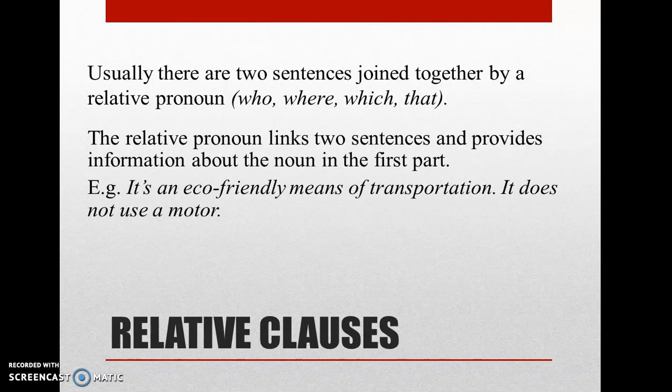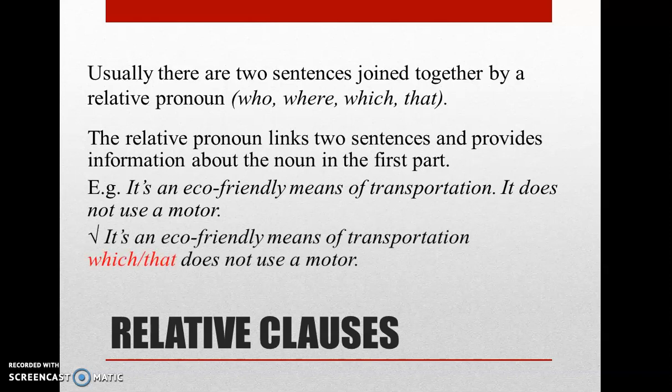If you were thinking about this, you were totally right, my dear friend. So it's an eco-friendly means of transportation which does not use a motor, or we can also use that does not use a motor in this case. So remember, that can be used instead of which or who, okay?